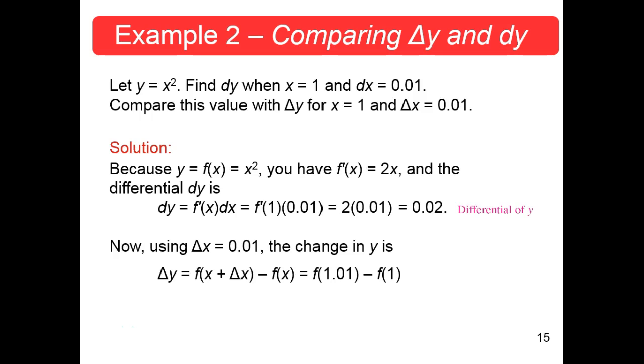And when you did that, it's 1.01 squared minus 1 squared, and that came out 0.0201. Compared with 0.02 as our dy, our delta y is 0.0201. Basically 1% error. Okay?